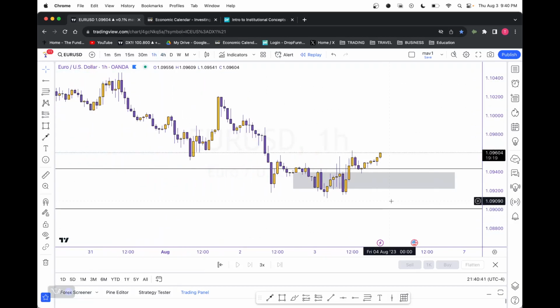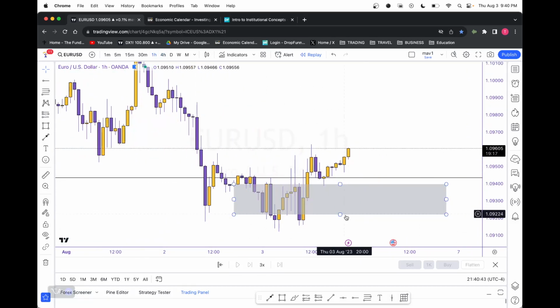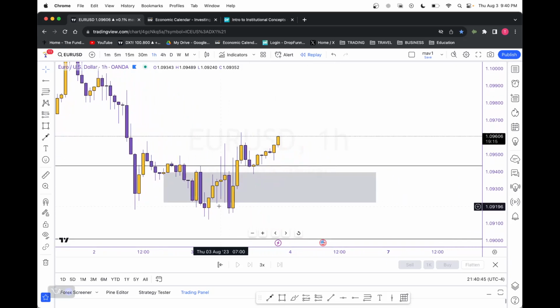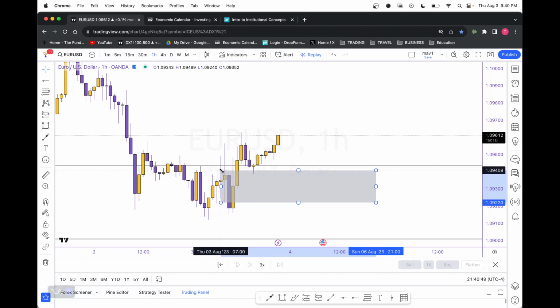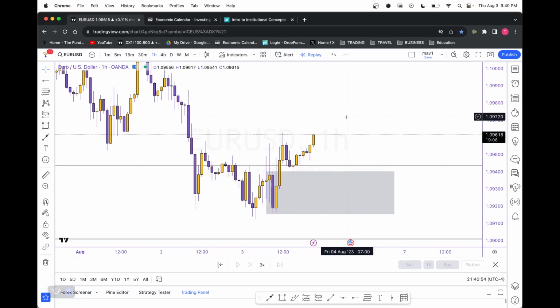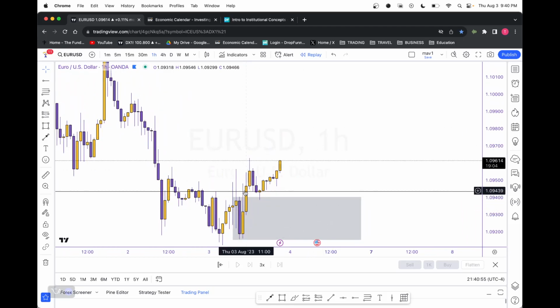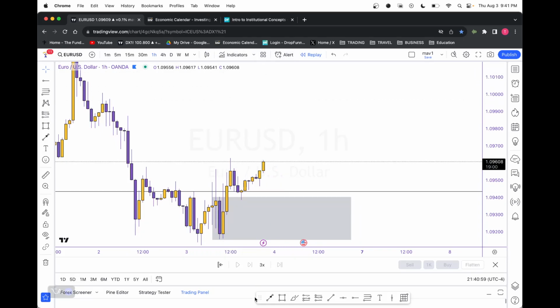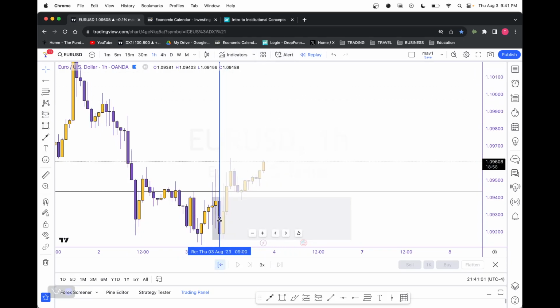Let's go down to the hourly. And so on the hourly, here's our order block on the hourly time frame. We see they traded above, they came back into it within that same candle, by the way. This is one of those examples that I was giving you guys.